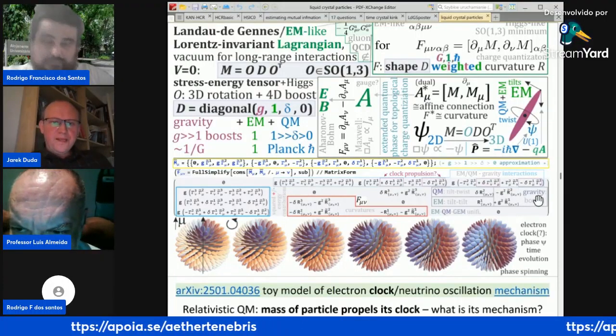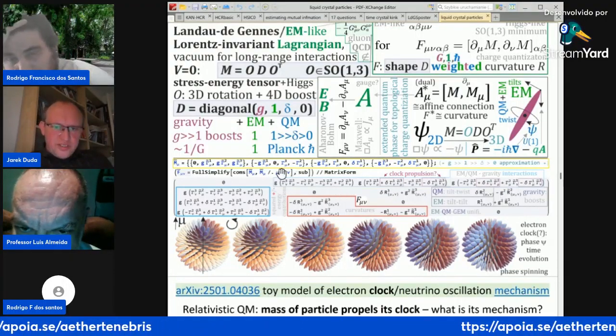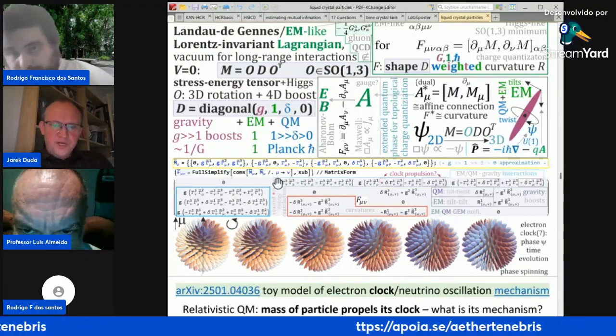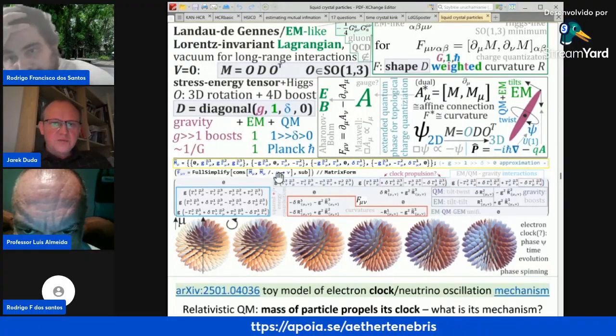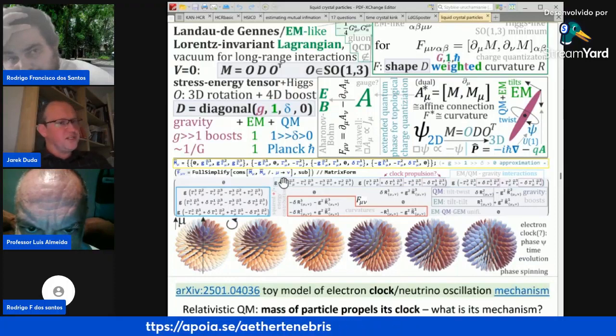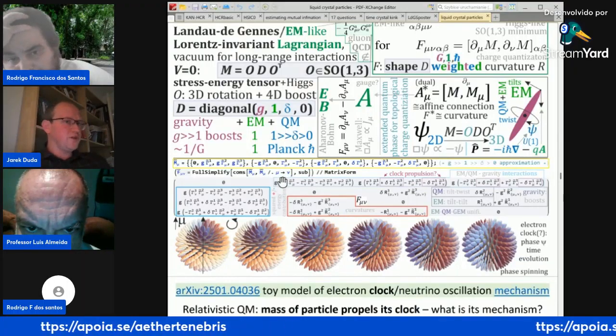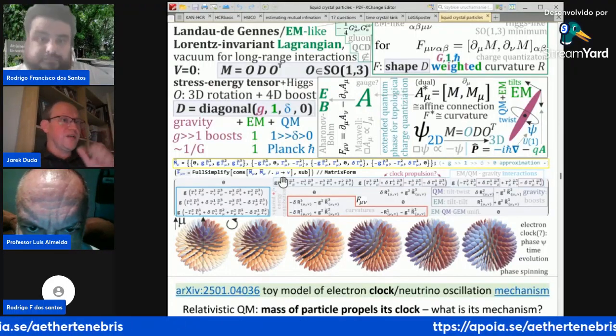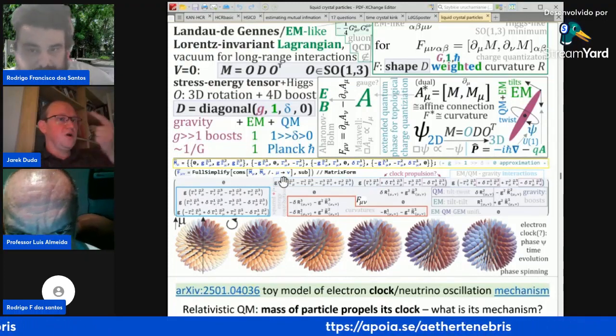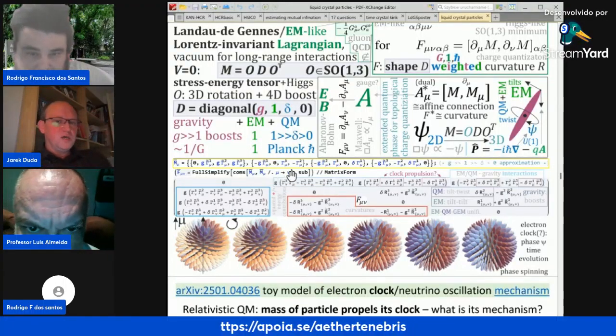And moreover, there are also these terms here. They are very interesting, because in the Hamiltonian they get a negative contribution, and this will be crucial for the clock of the particle, that the resting electron and resting neutrino already oscillate.